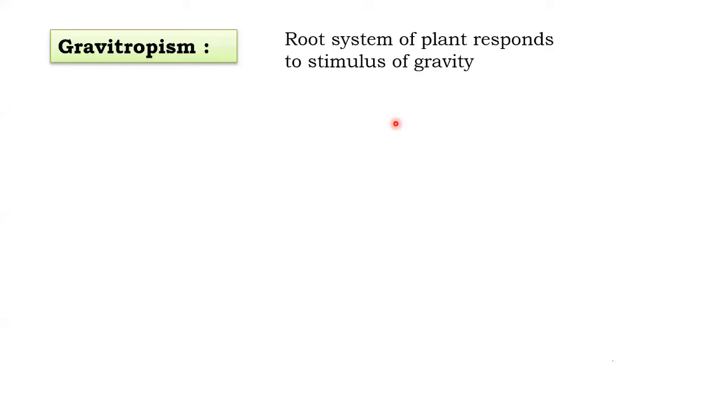If a part of the plant moves towards the direction of gravity, that part of the plant is said to be positively gravitropic. It means that it moves towards the stimulus. What is the stimulus? Presence of gravity. Because it is moving towards the stimulus, it will be called positively gravitropic.